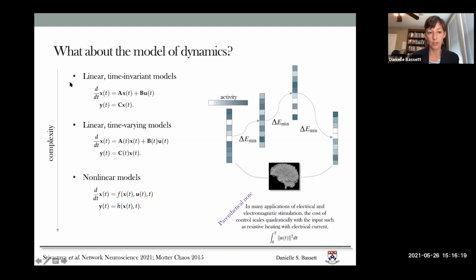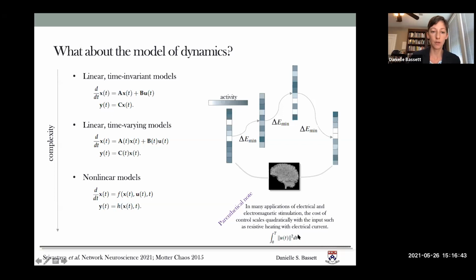And so that ratchets us a little bit further along the dimension of complexity here. And then if we go a little bit further, we can go to nonlinear models, where the change in the brain state is a function of prior brain states and control and time, but not necessarily a linear function. So this is the progression that you would work through as you go through different models.